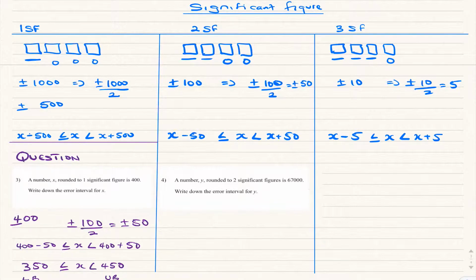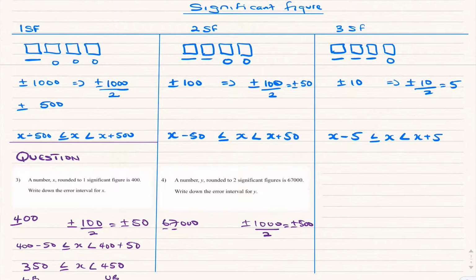So the bound will be plus or minus 1000, because the first two figures are rounded and the last 3 are 1000. So you divide that by 2, and that'll give us plus or minus 500.